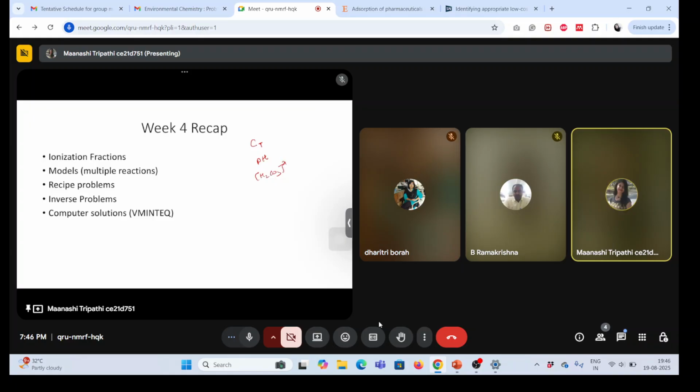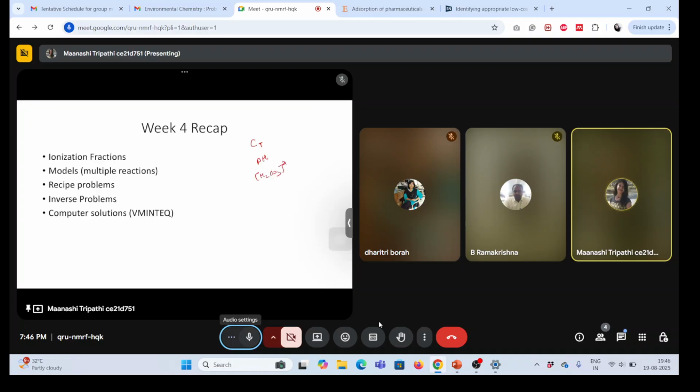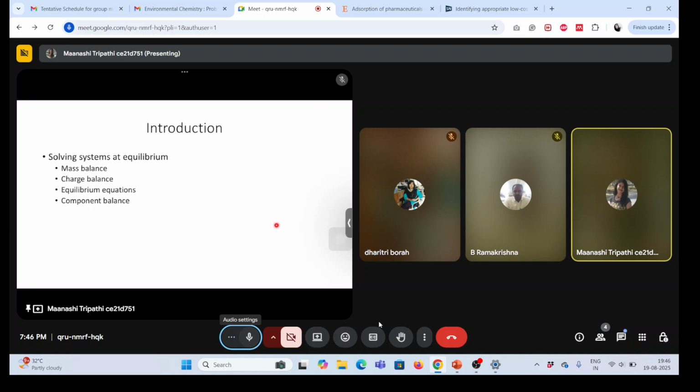So in this week, he has introduced Visual MINTEQ, and there will be questions on it also. It will be better if you have the software, then it will be easier to solve them. All the equations we have used, mass balance, charge balance, equilibrium balance and component balance, can be easily done in Visual MINTEQ.